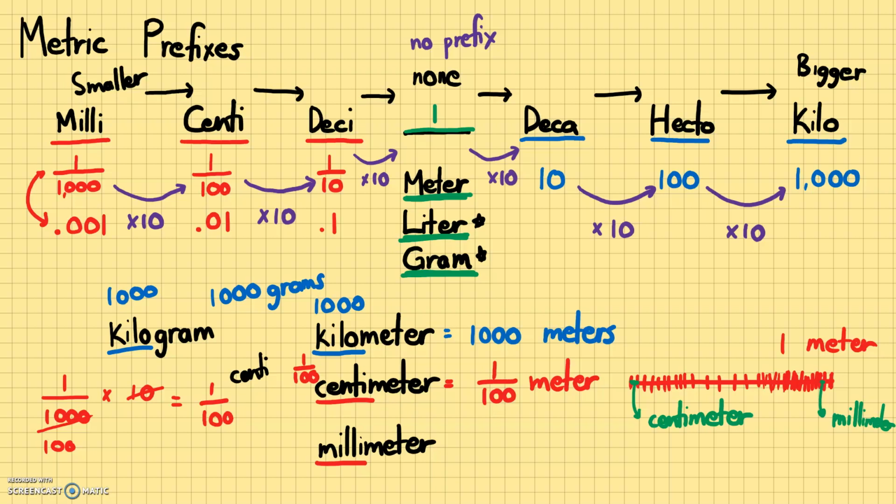Okay, so these right here are the metric prefixes. From smallest, milli is the smallest, kilo is the largest. And this is basically the relationship of these measurements. Once you have this metric prefix down, then I'm sure it's going to help you a lot when we're dealing with measurements.